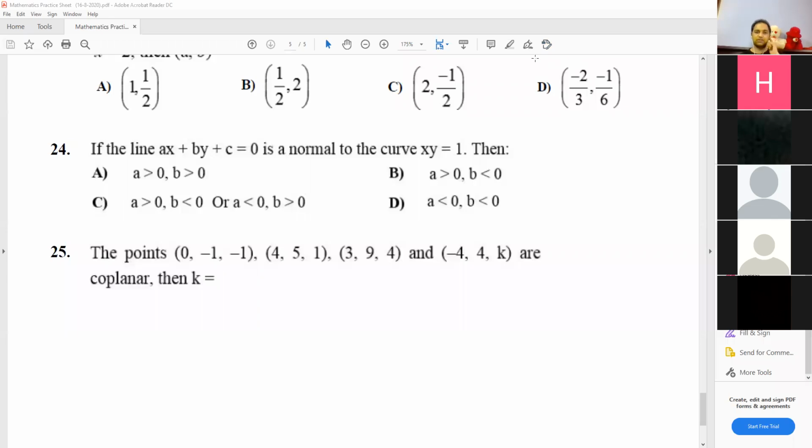Does anyone have any other doubts from this paper? Mock test? I hope not. So in that case, does anyone have any other doubts from the previous things that we have discussed over this month?